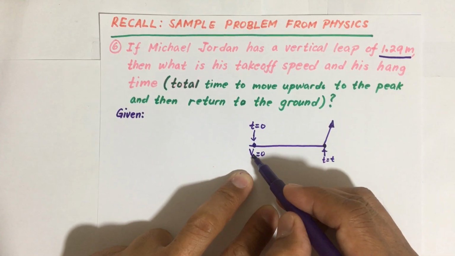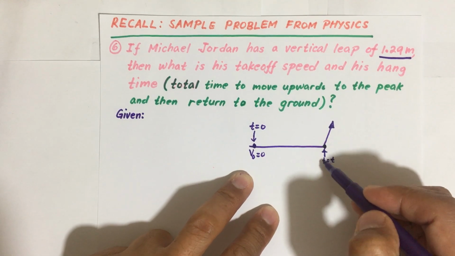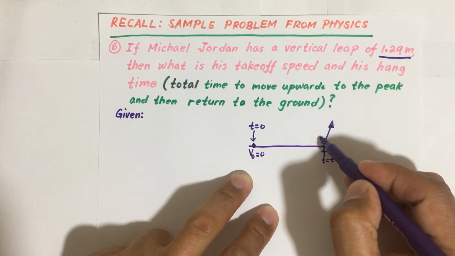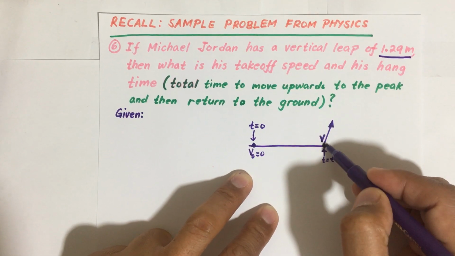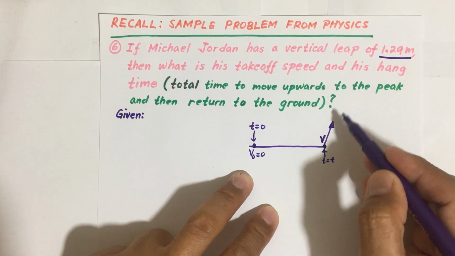At t, this is our v, the velocity where he leapt vertically.